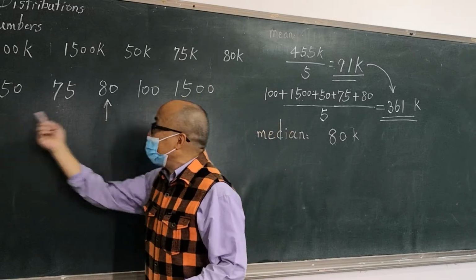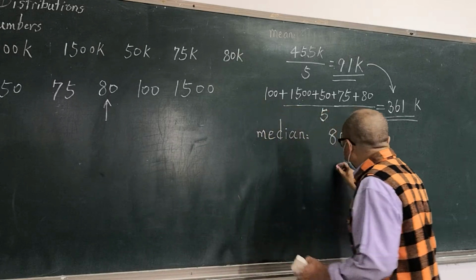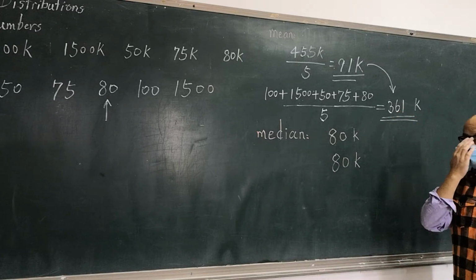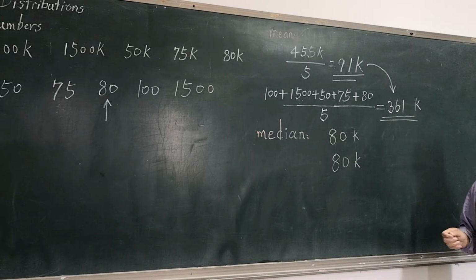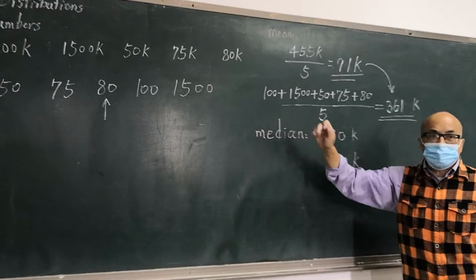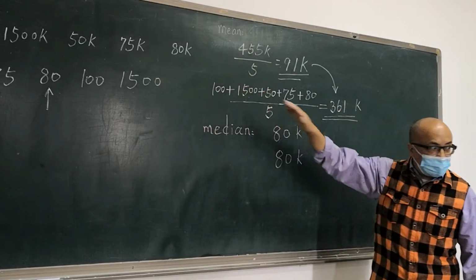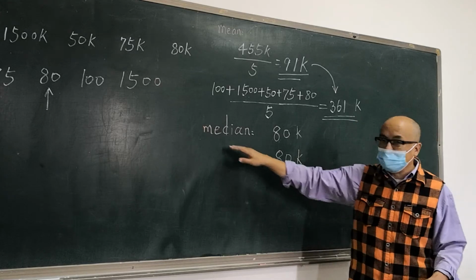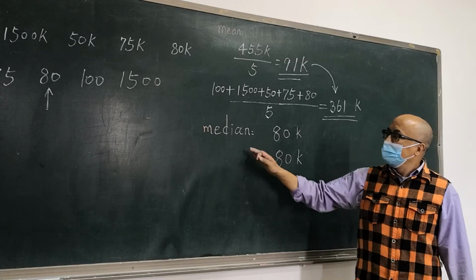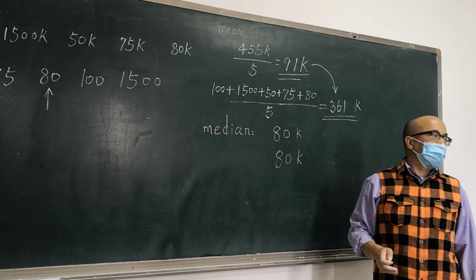Still two houses cheaper than 80, two houses more expensive than that. It's still 80. Got it? So in this situation, do you think the mean is better to tell the story, or is the median better? In this scenario, the median is better.